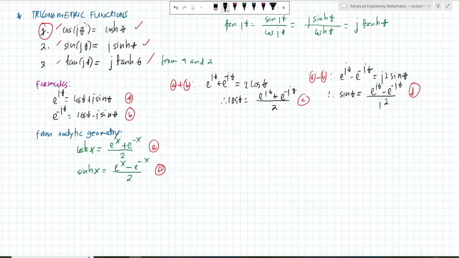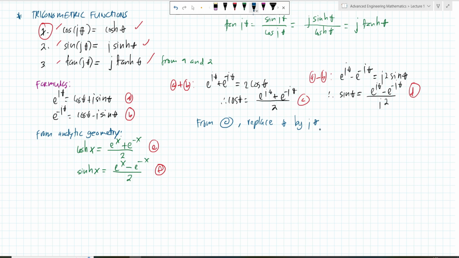Look at this: cosine of j theta. How do we get this? It is just a simple substitution, or replacing the variable. From C, because we need cosine of j theta, and equation C has cosine on the left side, we replace theta by j theta.